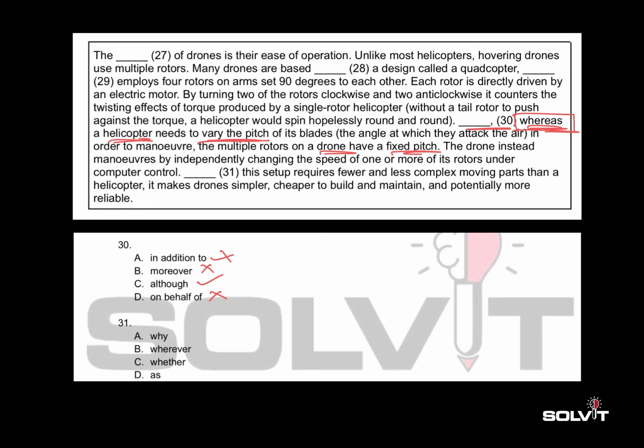Okay, so now the first two options are sort of restatement. When we want to build upon an idea and add a similar idea, we use in addition to or moreover. On behalf of is not fitting here in any case. The word although is fitting here, because although is used in contrast.